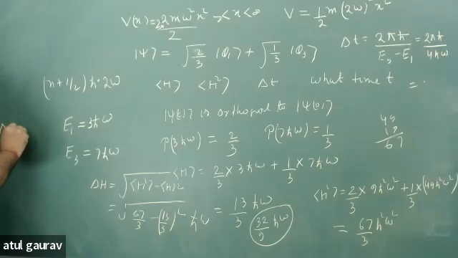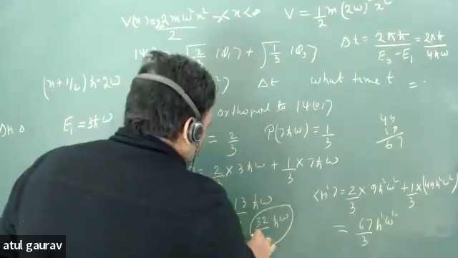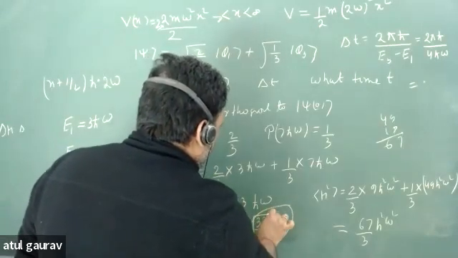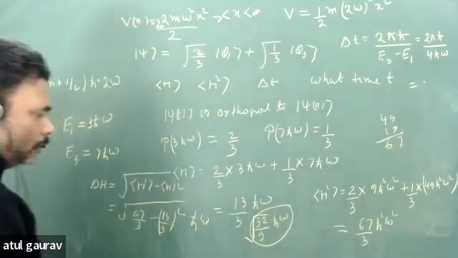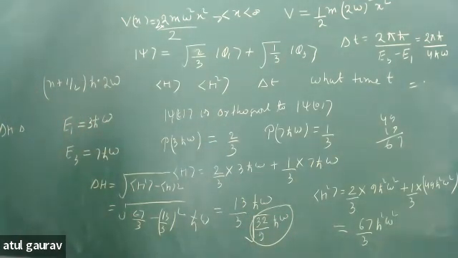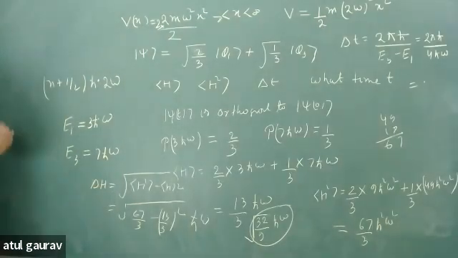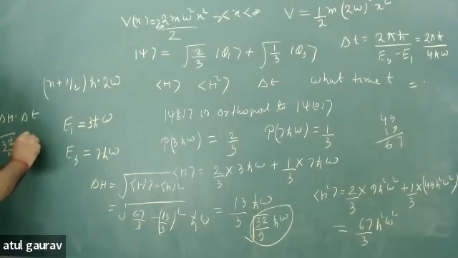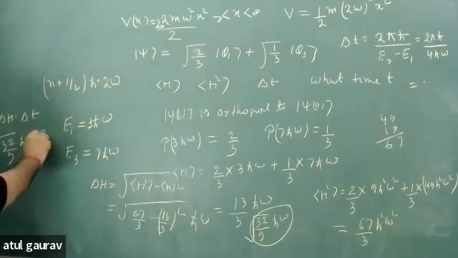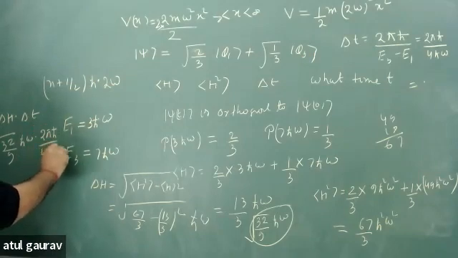Delta T is 2 pi h cut upon 4 h cut omega.